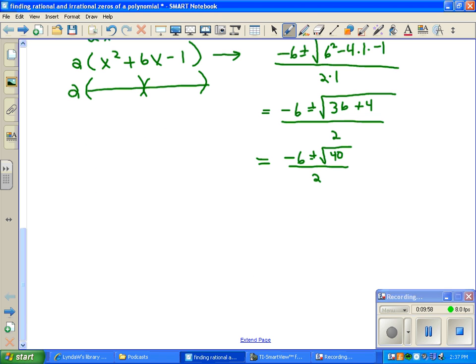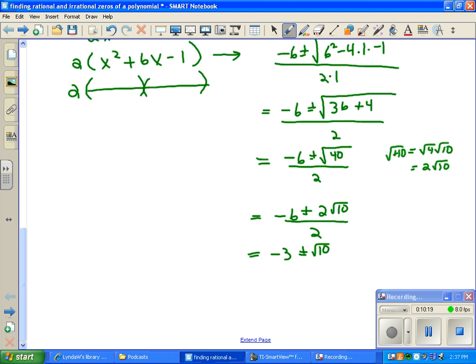Now, square root of 40 is the same thing as square root of 4 times square root of 10, which makes 2 square root of 10. So I have negative 6 plus or minus 2 square root of 10 all over 2. And negative 6 divided by 2 is negative 3. 2 root 10 divided by 2 is 1 root 10. I don't need to write the 1.